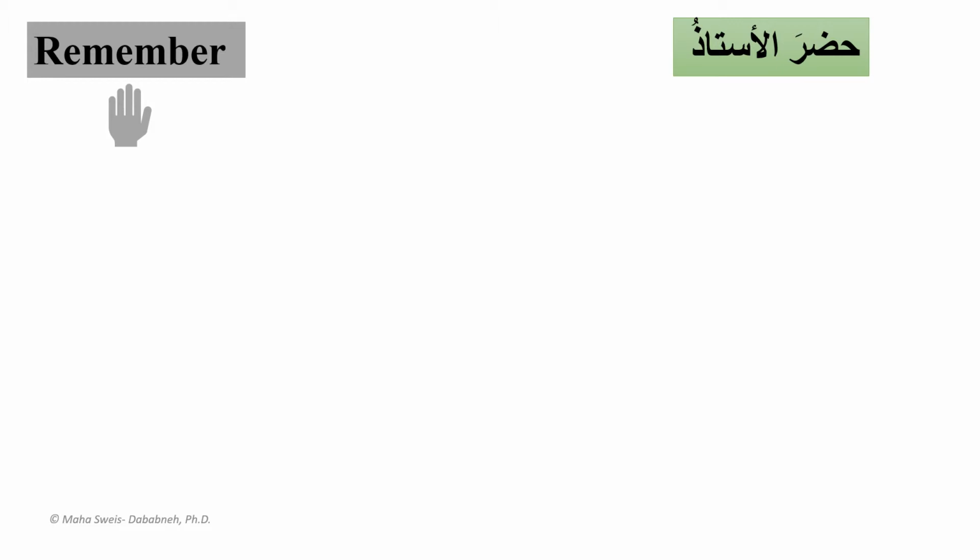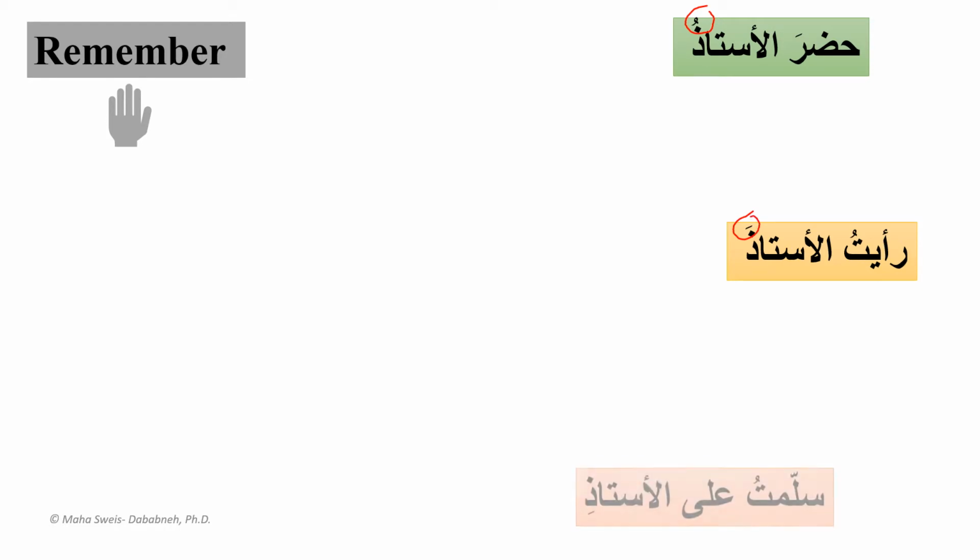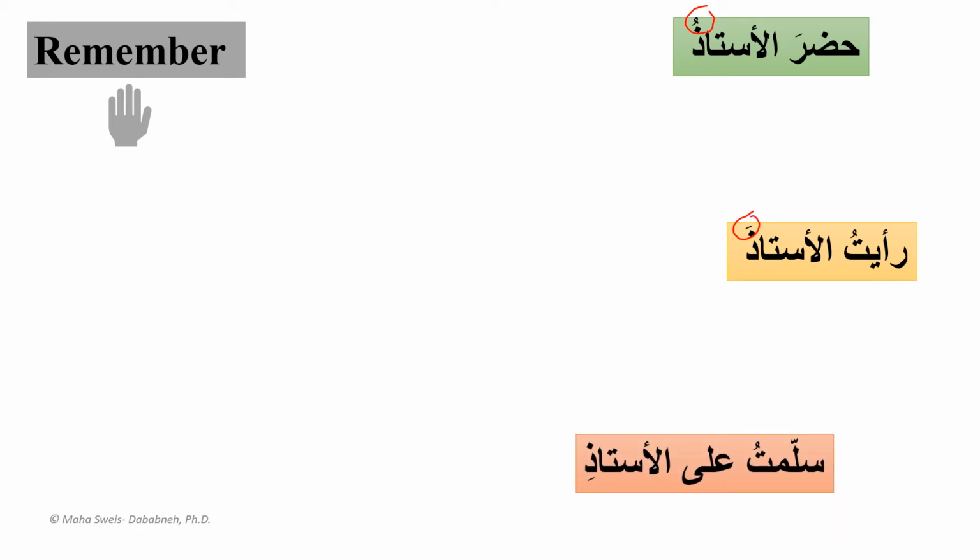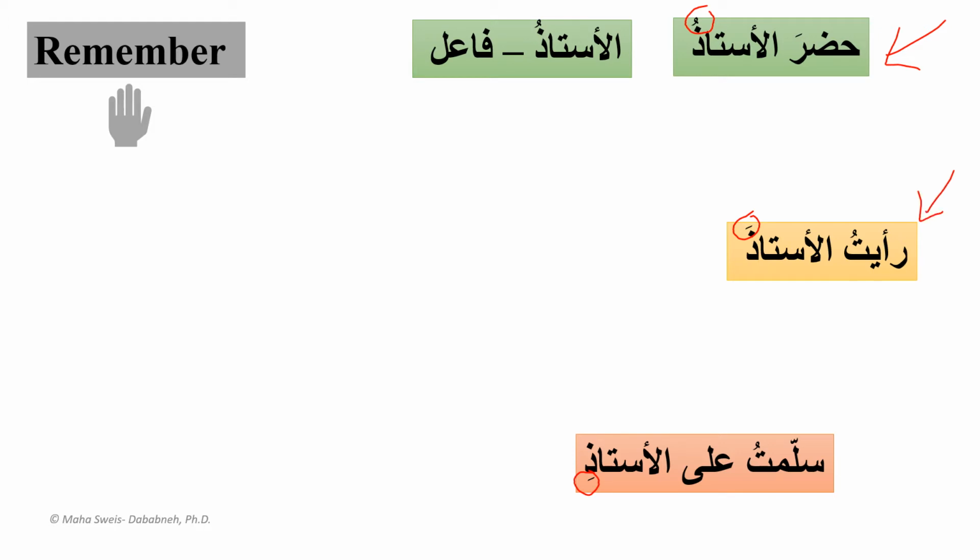Pay attention to all the حركات now. رأيت, I saw. الأستاذة. سلمت, I shook hands. على الأستاذ. حضر الأستاذ. الأستاذ here is فاعل, is the subject. رأيت الأستاذة. الأستاذة here is مفعول به, direct object.